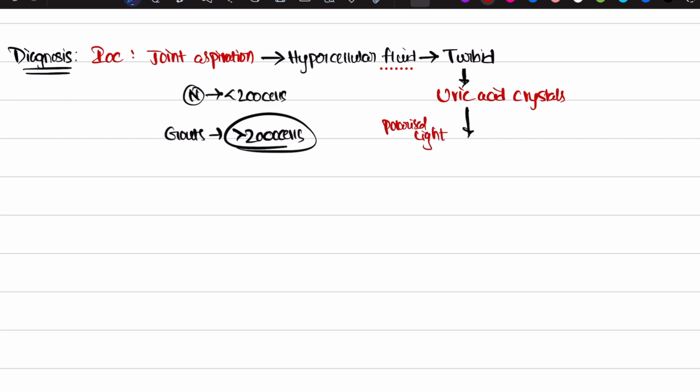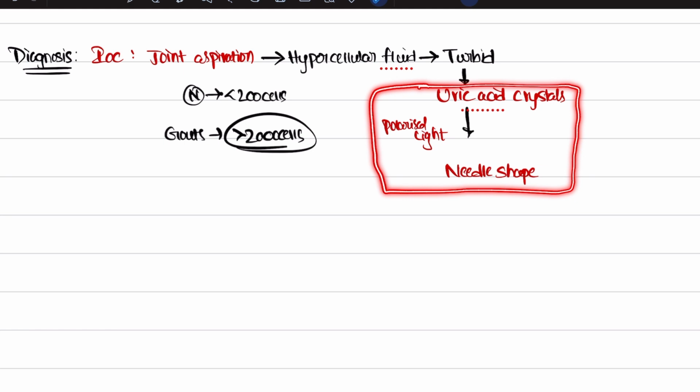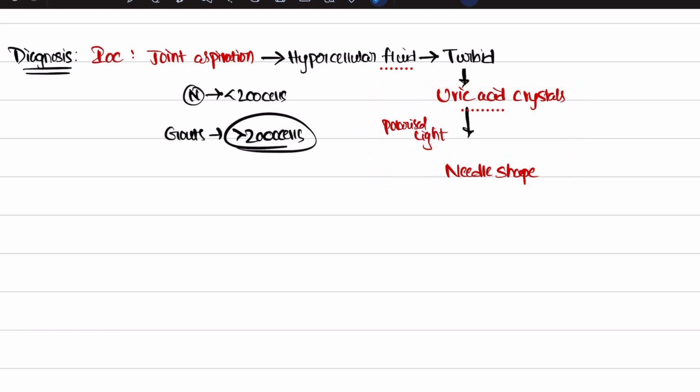They look needle shaped. Remember this point, this is very important. The uric acid crystals under polarized light look needle shaped. This point is very important. Try to remember this. A question can be expected from this area.